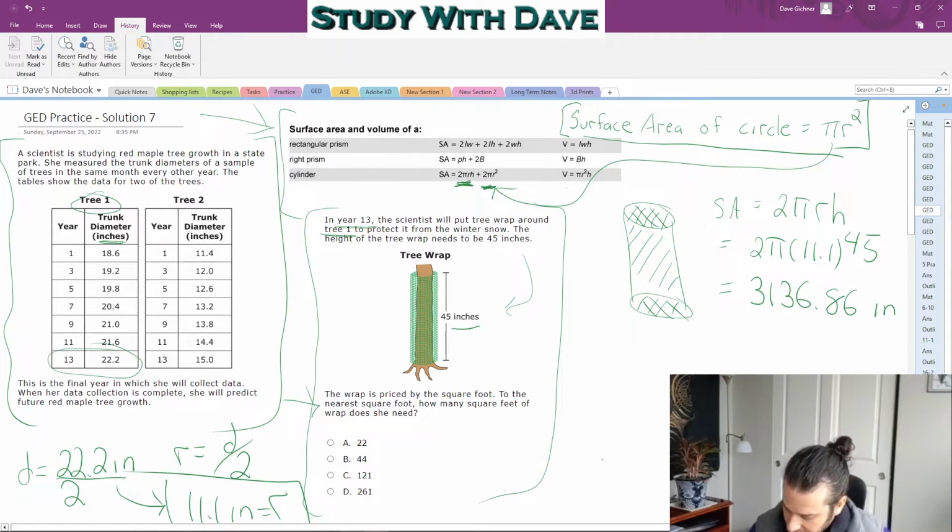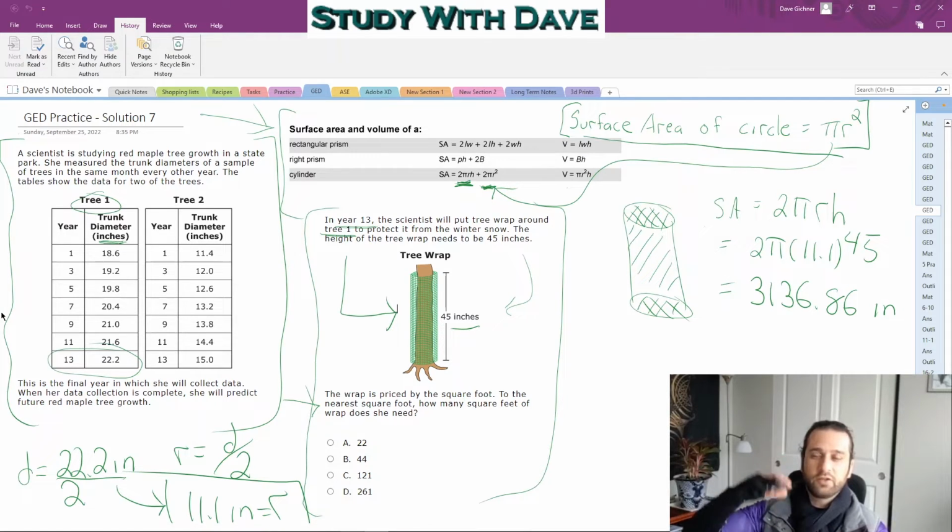Okay, so that's basically this picture right here without the top and bottom. That's basically the amount of square inches we're going to need to take care of wrapping 45 inches in height of a tree that's 22 inches in diameter, or 11.1 inches radius. So we're done most of the problem. We still need to convert this to feet.